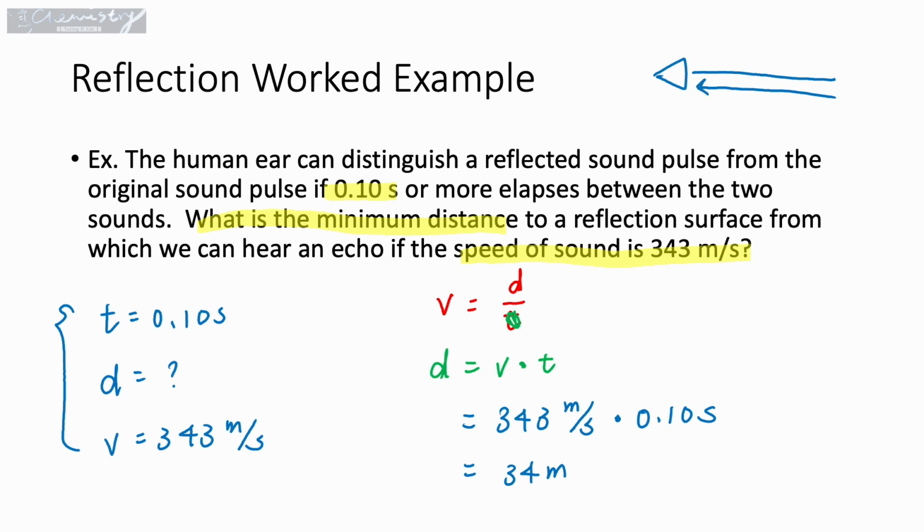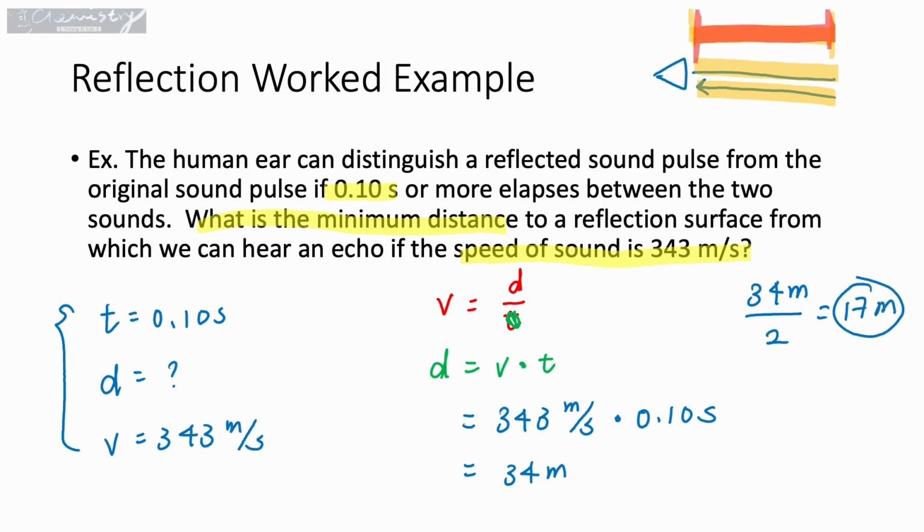So the distance is two-way. In order to find the distance for one way, we have to divide this number by 2. So we will do 34 meters divided by 2. That is 17 meters one way, and that will be our answer. So it is basically 17 meters between this. It is 34 because we go and then we come back.